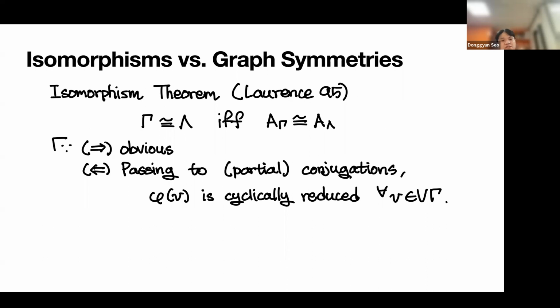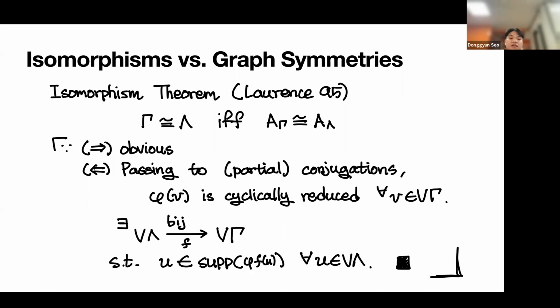Then we can assume that for every generator of the right-angled Artin group of gamma, the image of the generator is cyclically reduced. Cyclically reduced means that it has minimal word length in its conjugacy class.